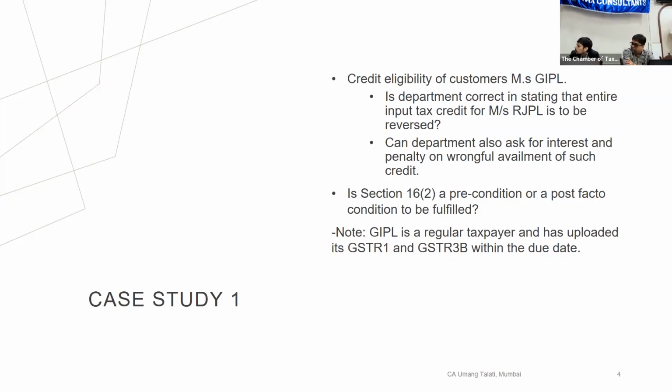Correct. And therefore, all these procedural lapses, even when we had CENVAT credit, we had ample case studies where some procedure was missed out either by the person issuing the invoice or the one taking it. And courts have held that this procedural lapse should not deny you the substantial benefit of the credit. So in those situations, I would feel that yes, the credit cannot be denied.